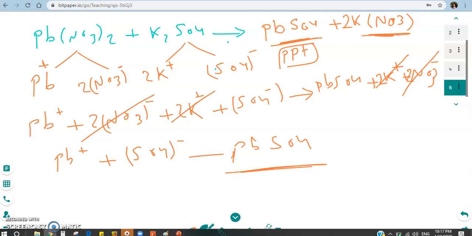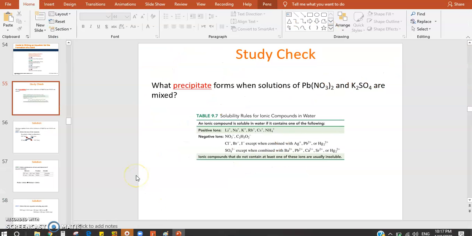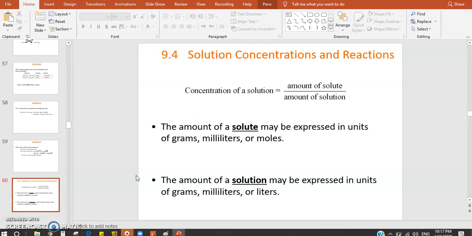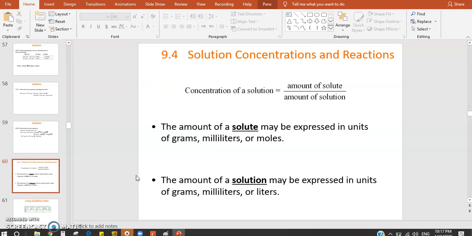So this is just confirmation. Okay. So here is the cancellation, and this is the last equation, or what we call the net equation.